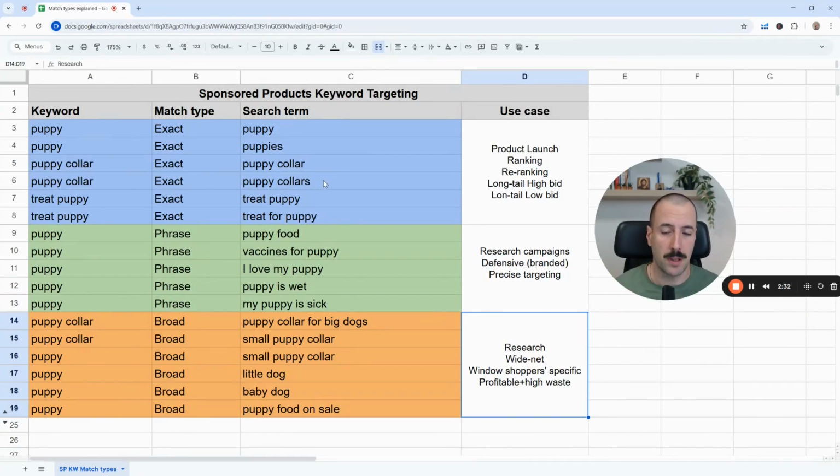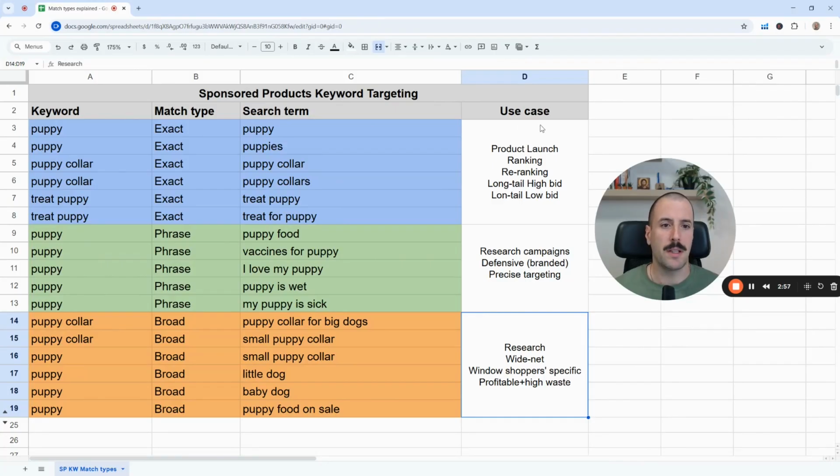So if you add plurals to that, and these variations that last year Amazon added, like treat puppy can be treat for puppy or treat for puppies, then it can also generate some issues for you, that you're maybe spending amounts of dollars on some keywords that you're not willing to pay that much.